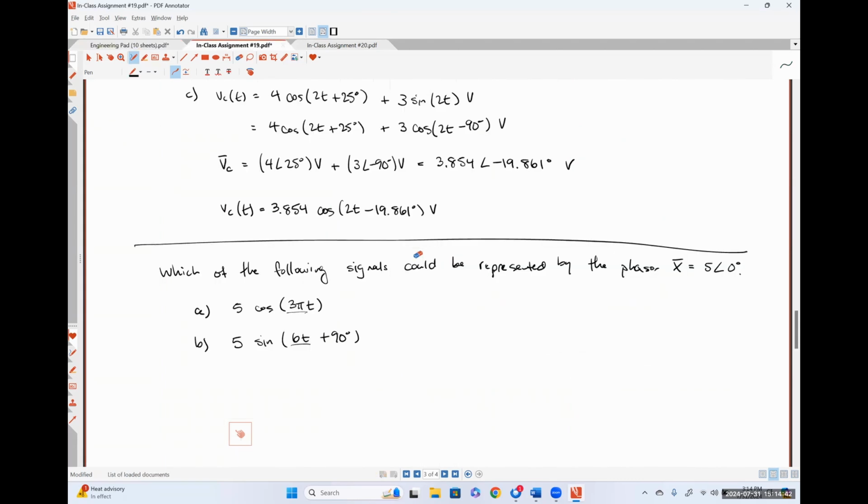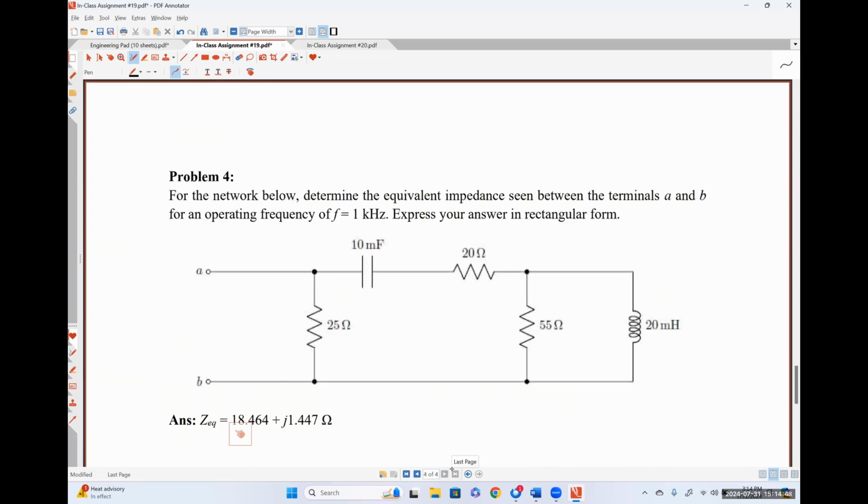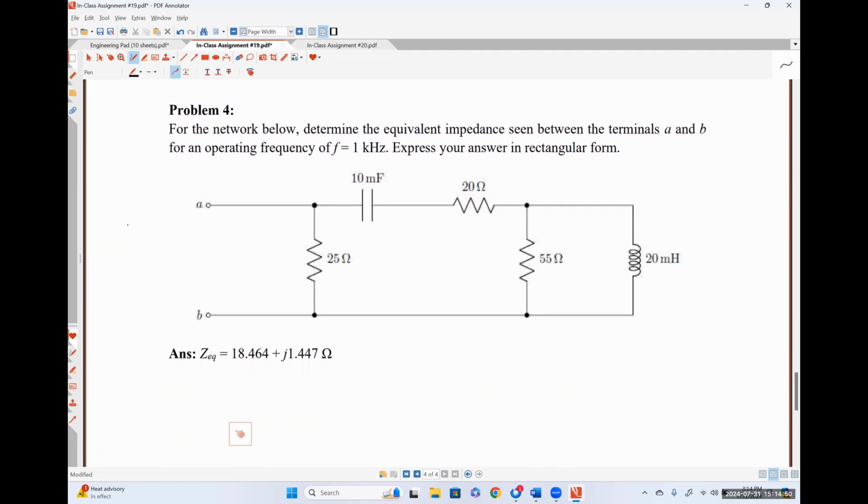Okay, in class assignment 19, problem 4. So in this particular problem, we are told that our network here is being excited at a linear frequency of 1 kilohertz. So if our linear frequency is 1 kilohertz, what would our angular frequency be? This is a relationship that we covered in class on Monday, by the way.